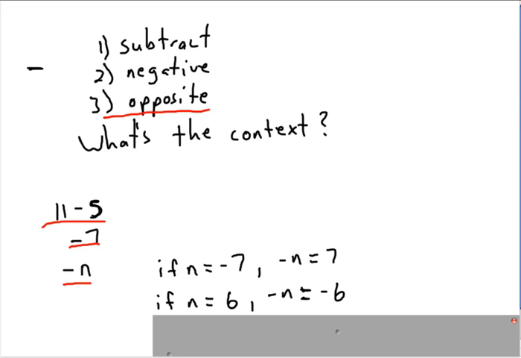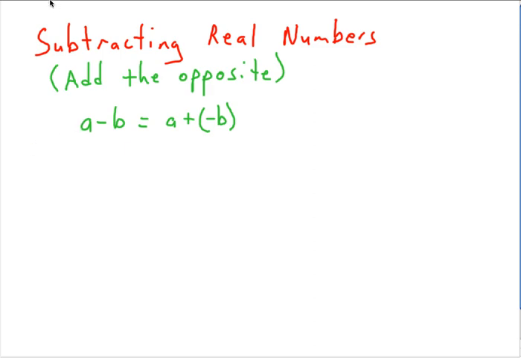Well, how does this work when we're dealing with subtracting numbers? Subtracting real numbers is very simple if we think about it as adding the opposite. So if you have a number minus another number, you just do the number plus the opposite of the second number. For instance, 5 minus 8.